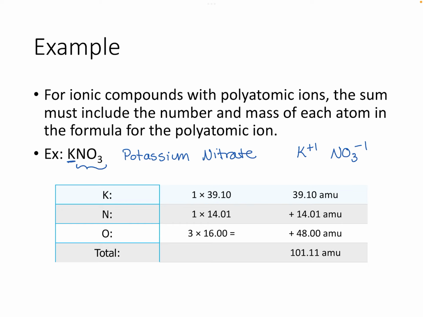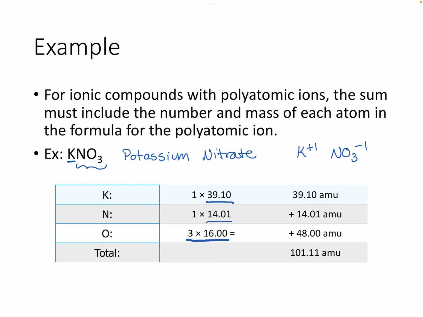Now we only have one potassium. So the mass of potassium is 39.10 atomic mass units. And then we only have one nitrogen in the nitrate polyatomic ion. So that has a mass of 14.01. And it looks like we have 3 oxygens. So we need to multiply the mass of oxygen by 3.